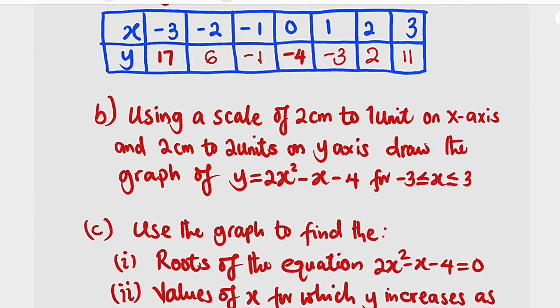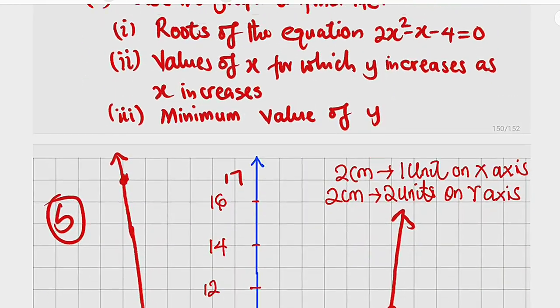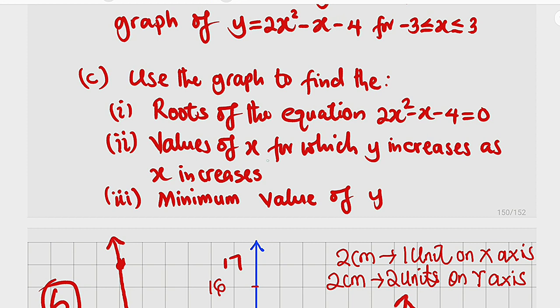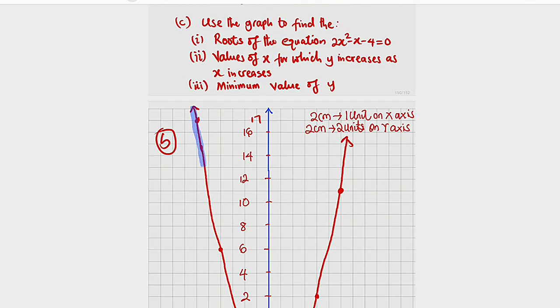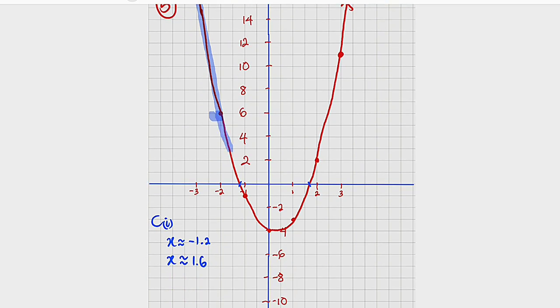Then C Roman 2 stated what? Find the values of x for which y is increasing as x is increasing. So first of all, let us find where y is increasing. If you look at this function, it is decreasing here. Look at it. It keeps on decreasing till it gets to a point here where it immediately starts increasing.